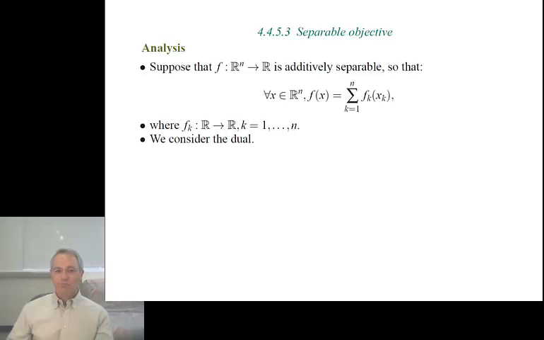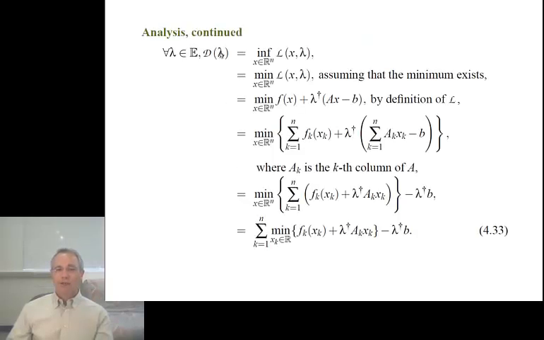Let's consider the dual. So first of all, we calculate the dual function. It's the inf of the Lagrangian. Let's assume that the minimum exists. I can write down the definition of the Lagrangian explicitly, and because of the separability of f, I can express f as the sum of terms.